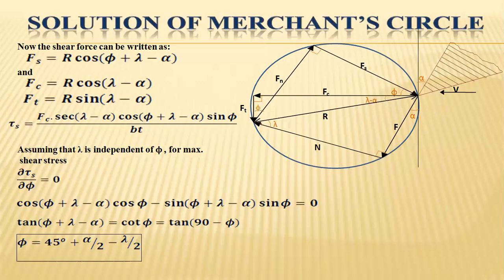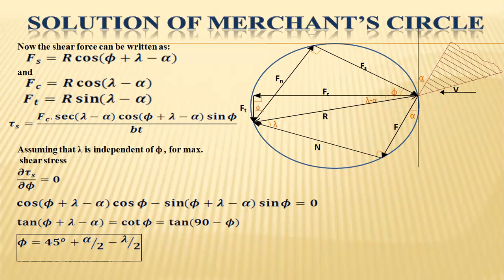So for concepts, we are assuming that lambda is independent. Here lambda is nothing but the frictional angle, which is independent with respect to phi, the shear angle. And for maximum stress, we consider d tau by d phi equal to 0.